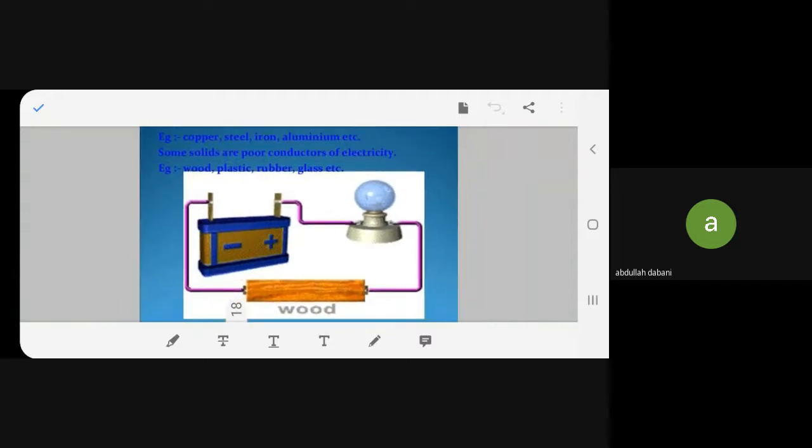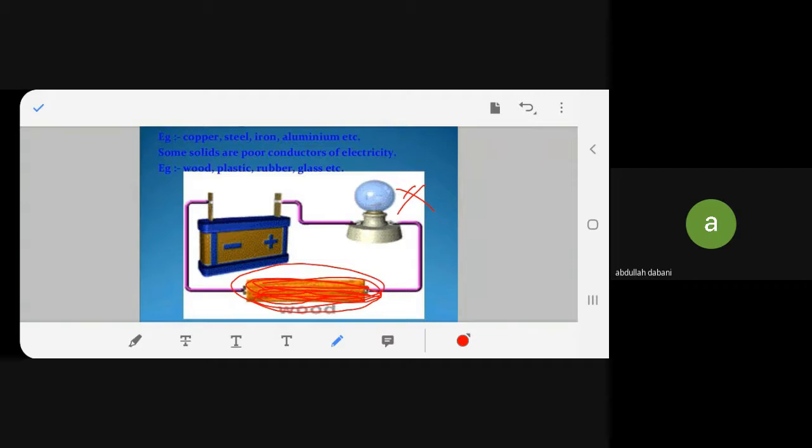Now here's the wood. You see this wood over here? Now the bulb will not glow. If I put iron over here, the bulb will glow, suggesting that wood is a bad conductor of electricity. You understand?